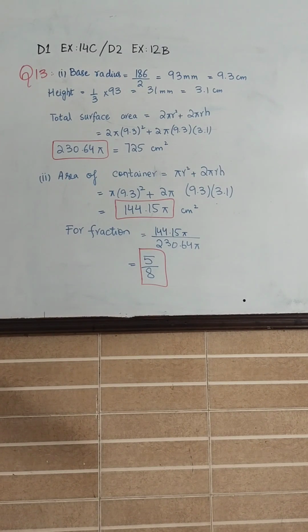So next we will do exercise 12A and 12B of that book of the D2, and it is about the volume and surface area of pyramids. This was the volume and surface area of cylinders. Next we will do the surface area and volumes of pyramids.